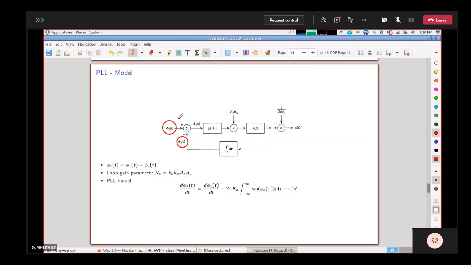If you have a channel, it might be a nonlinear channel, but we still approximate it as an LTI system to understand it better. That is the only thing that I'm doing here. In an actual system, we are not doing this. We are not extracting out phi1 of t and phi2 of t. This is just done so that we can think more about how the PLL is working. Is that clear? Yes, sir.